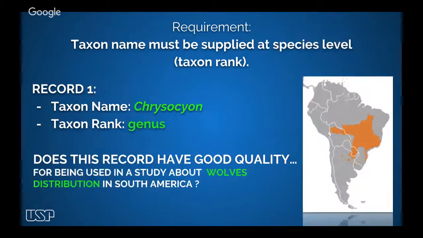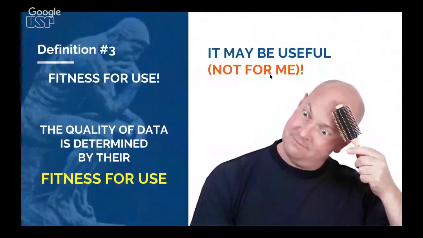But let's say the same data, the same record: does this record have good quality for being used in a study about wolf distribution in South America? I would say yes, because with this information I know this is a wolf, so I could use this information, right? So depending on how I use the information, this data could have quality or not.